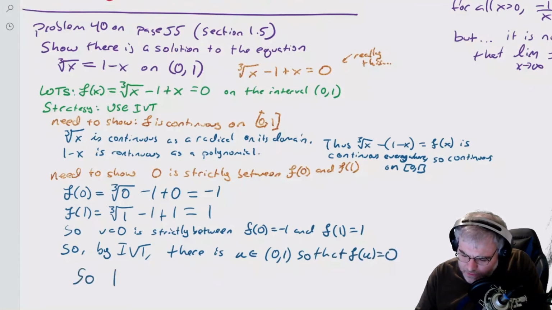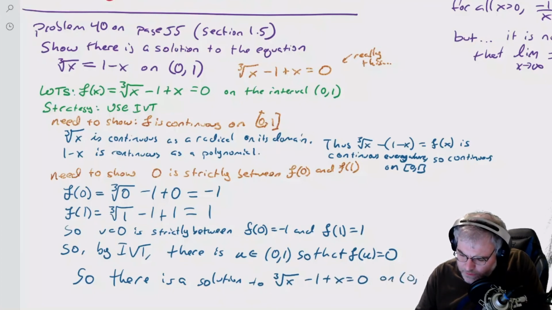So there is a solution to cube root of x minus 1 plus x equals 0 on 0, 1.